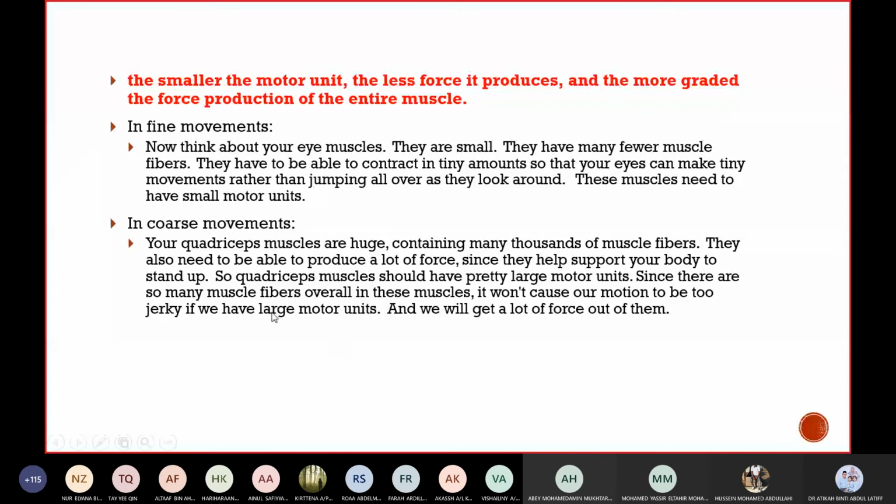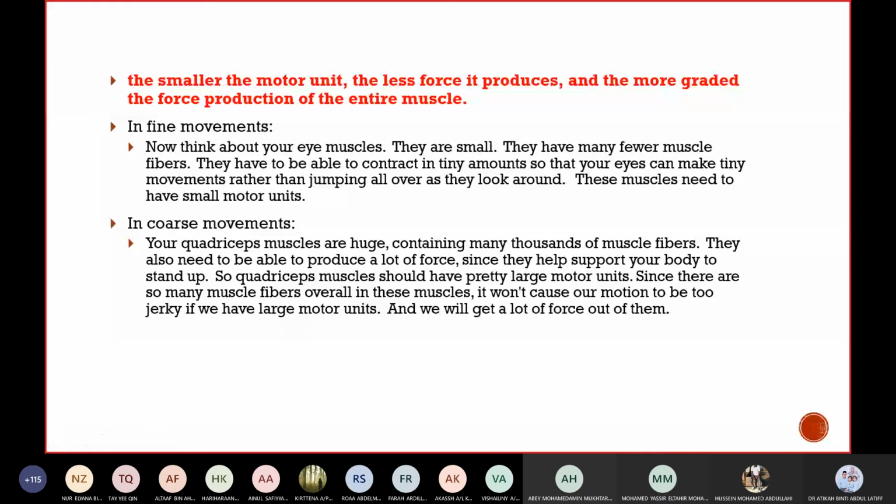So in coarse movement, say your quadriceps muscle, they are huge, they contain a lot of muscle fibers. They need to produce a lot more force as well, because they help to support your body when standing up. Okay, so they have large motor units because they need more force. And it won't really cause problems if they are not precise in movement, because they just help you to stand up or walk.